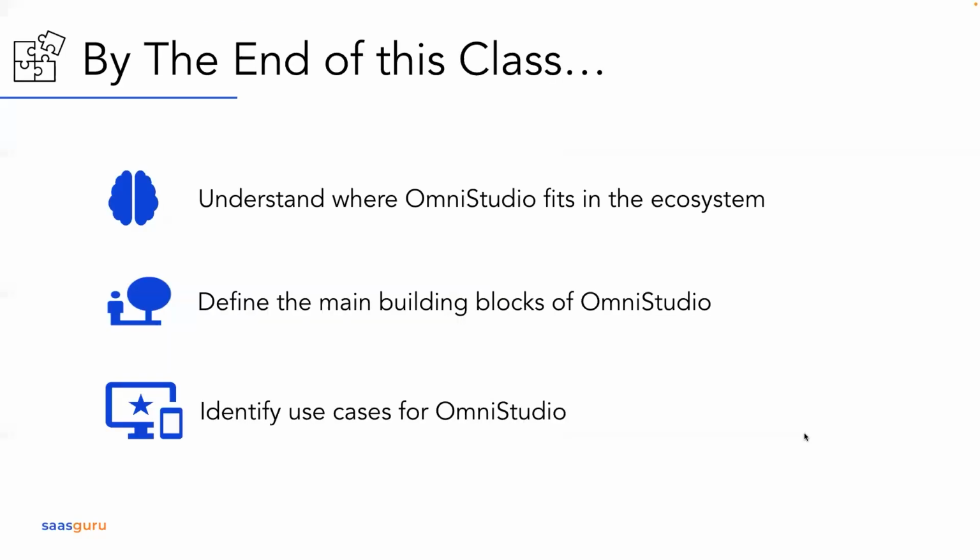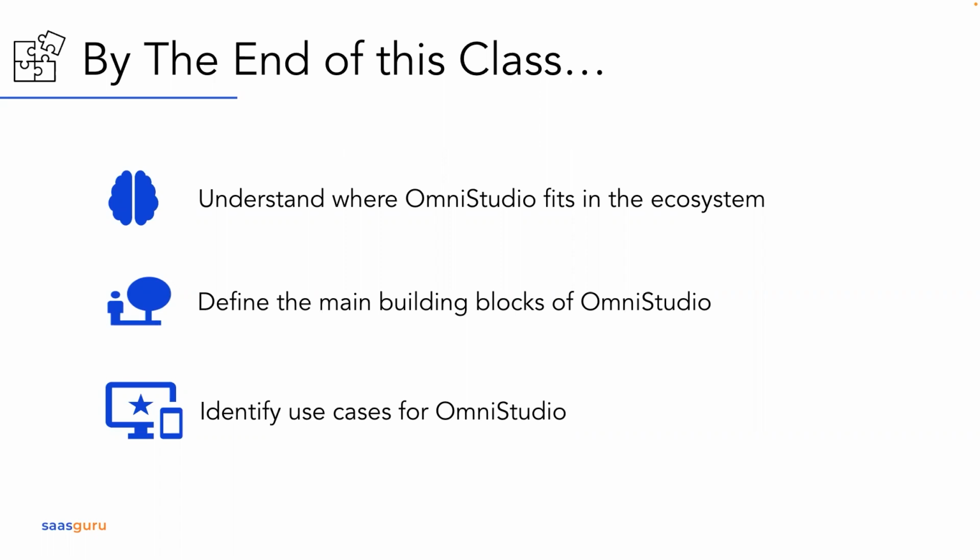Now, that said, let's talk about OmniStudio, right? We're here to talk about OmniStudio. OmniStudio is a tool that I've recently started working with and I'm really excited about. So our goal for this class, my personal goal for you, is that by the end of it, you will understand how and where OmniStudio fits in the ecosystem. Is there an alternative?